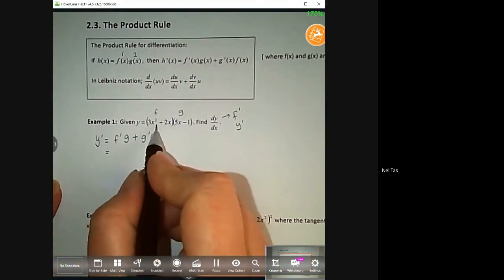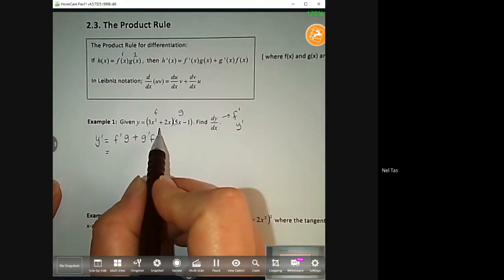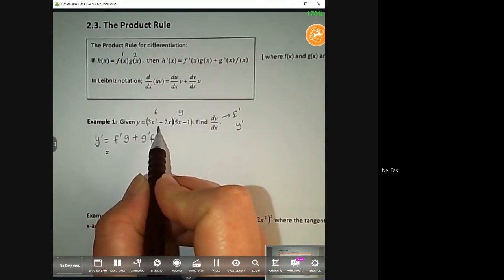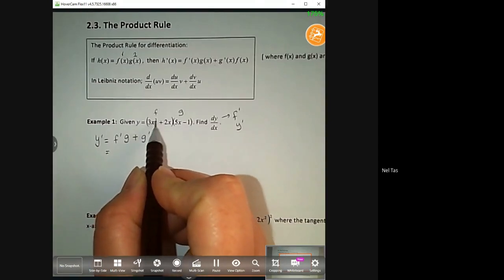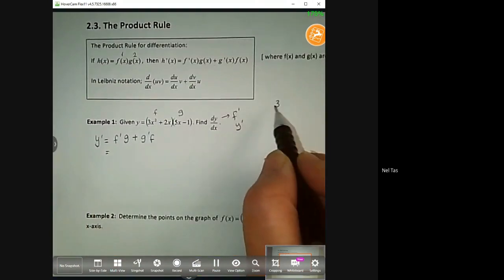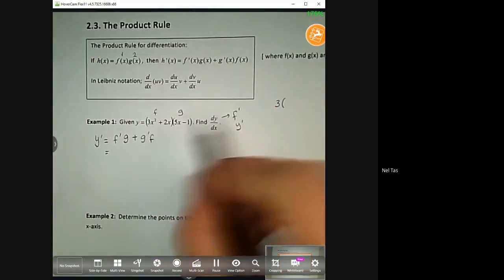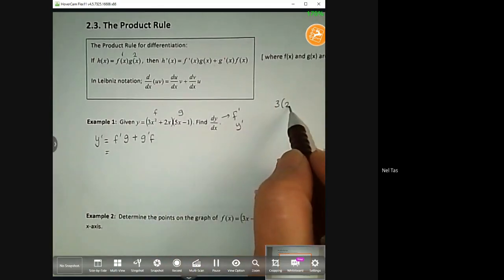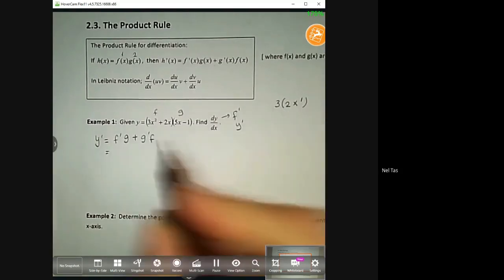So for the derivative of the first function, we have 3x squared plus 2x. We learned how to take the derivative of polynomial functions, right? If you have 3 times x squared, you keep the constant, then you take the derivative of x squared: you drop the exponent to the front, keep the base, and decrease the exponent by 1. That gives you 6x.